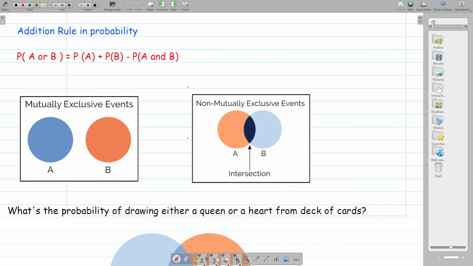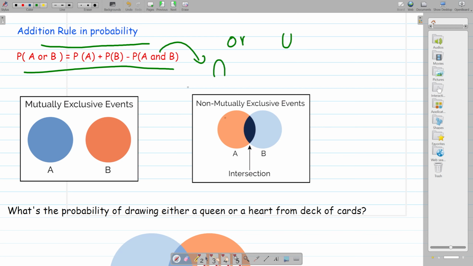There's a question, but before doing that, we should understand the addition rule in probability. Okay, this is the addition rule in probability. Probability of A or B, where the or we denote as union, is equal to probability of A plus probability of B minus probability of A and B. The and we can denote as intersection, right?